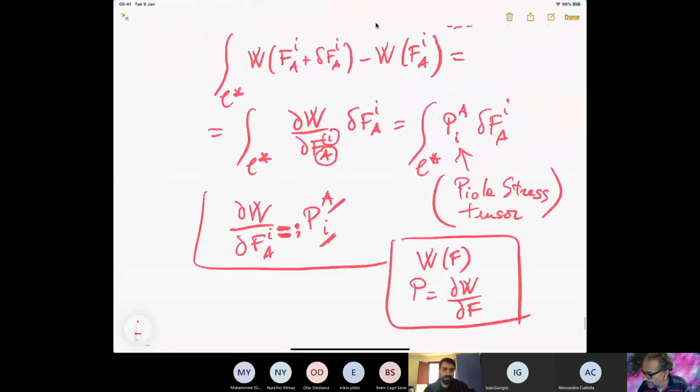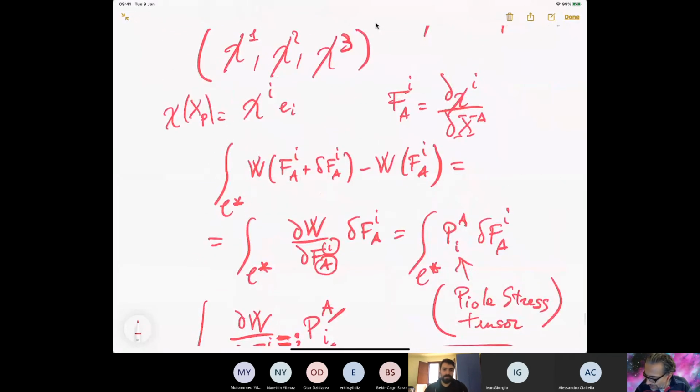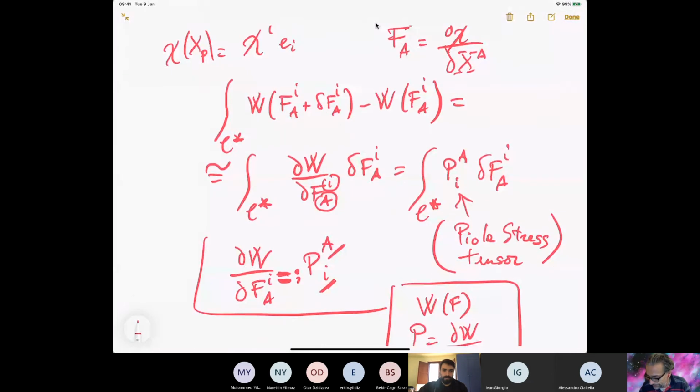Very well. But now, this is not an equality. This is an approximation. Because we are neglecting here infinitesimals. Okay?